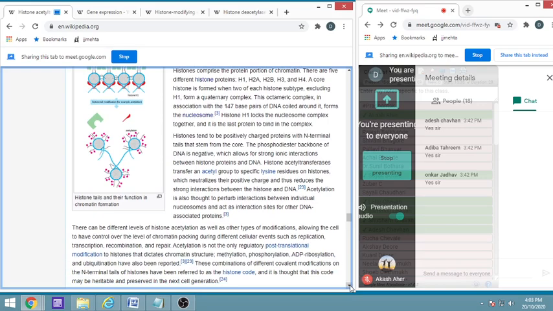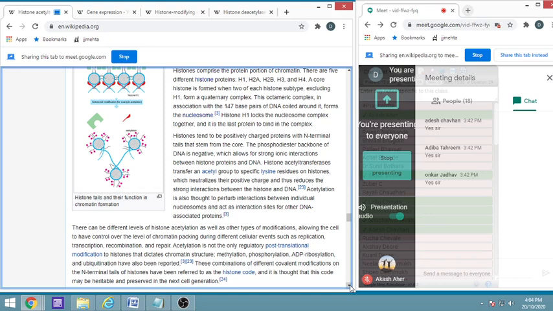We have seen that there are five types of bonding the histone can have with the DNA. Out of that, one important is the positive charge at the N-terminal, and the phosphodiester backbone of the DNA is negative. This positive and negative charge is called the electrostatic force, and because of that there is a strong ionic interaction between histone protein and the DNA. So this transfer of an acetyl group to the lysine will neutralize the positive charge.